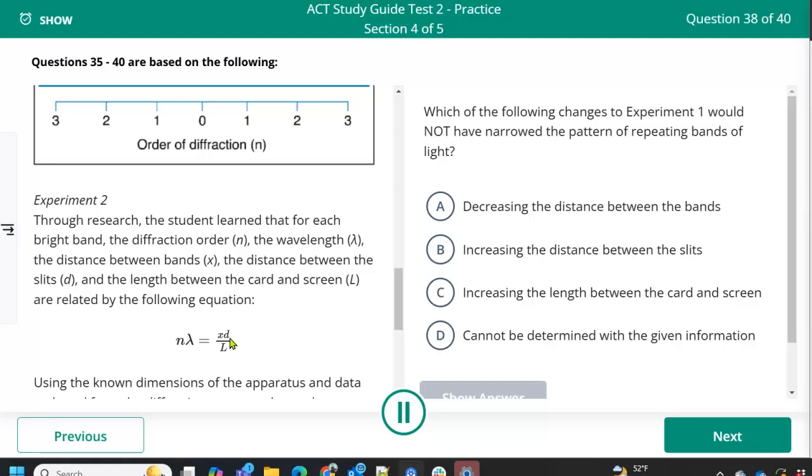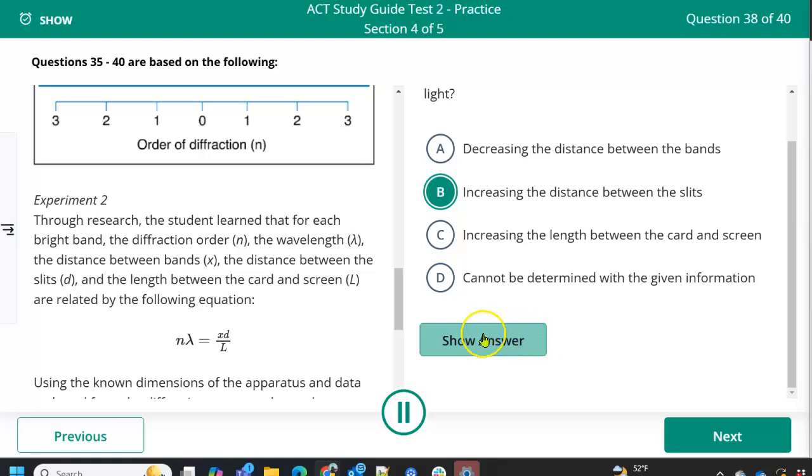If we increase D, it's going to increase n, and that is not going to narrow the pattern. All right, so B looks like the answer provisionally, but let's look at this. Increasing the length between the card and the screen, that is L. If we increase that, the denominator, it's going to decrease n, and we don't want to decrease n. Cannot be determined. No, I think it can be determined. So let's go with B.